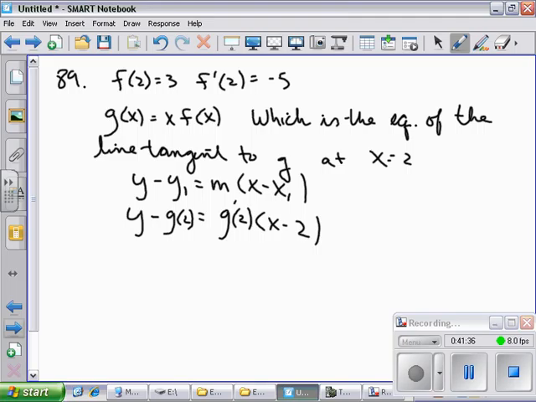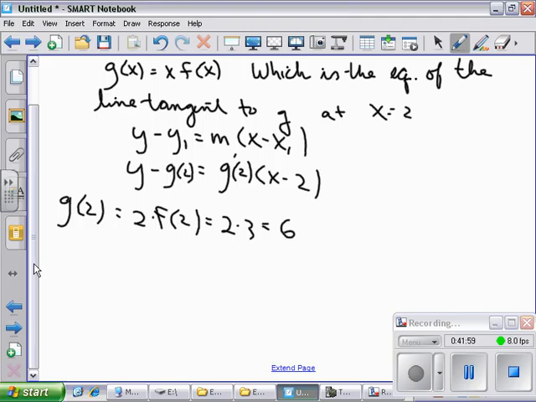So we got to get g of 2. Let's do that first. To get g of 2, that's going to be 2 times f of 2. 2 times 3, because they gave us f of 2, it's up here, which equals 6. The slope of our tangent line will be g prime of 2.